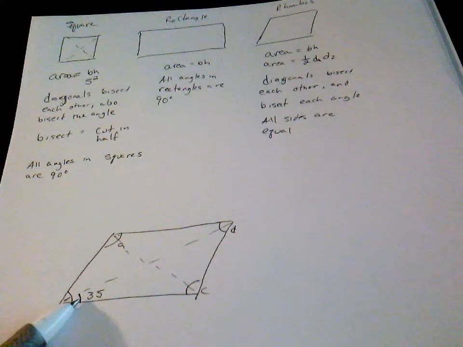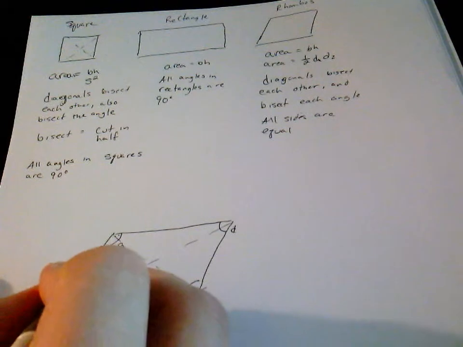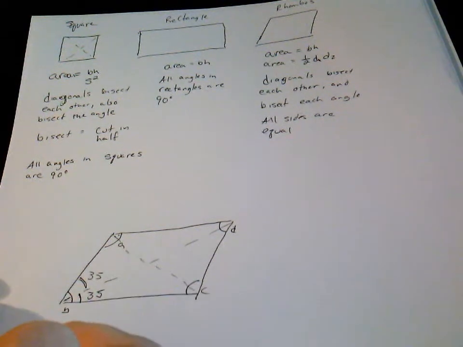I gave you half the angle, which is 35. So that means the other half has to be the same. So let's say if this was 35, this would also be 35. That would mean B total is 70 degrees.